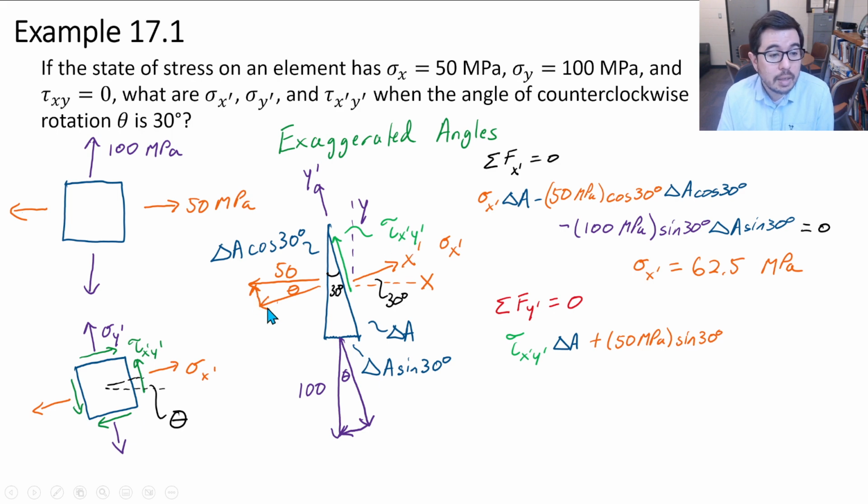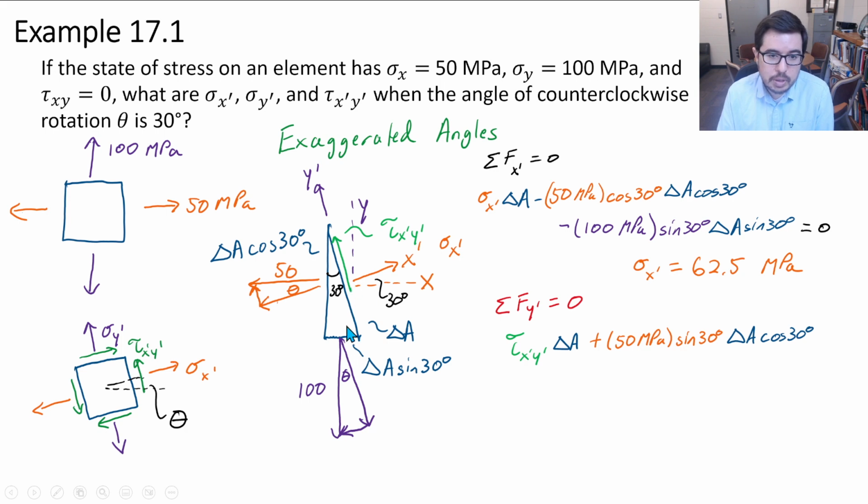So we add, okay, on this face, for this vector in this direction, and it's acting on the delta A cosine 30 degrees face, and so that's what we get. We come over here and we're like, okay, this vector is going down, and I need something that is parallel to this green vector, the tau x prime, y prime. It's got to be this component.